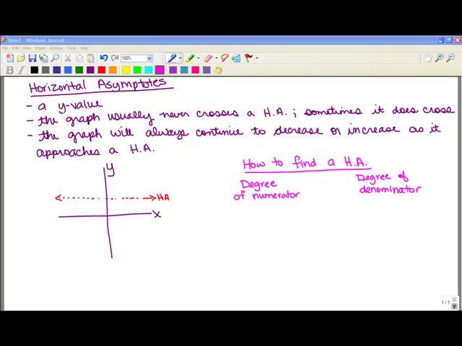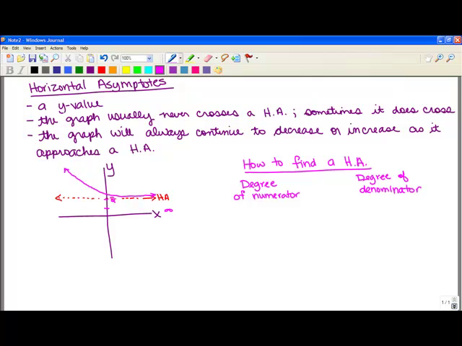Looking at the graph, suppose that we have a horizontal asymptote at the value of 2. Now if we have a graph that is decreasing, what typically happens is that the graph will go down to the horizontal asymptote and then continue to follow it along forever to infinity.